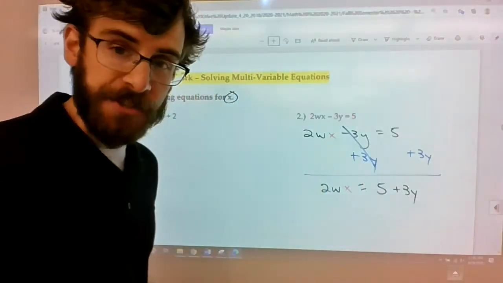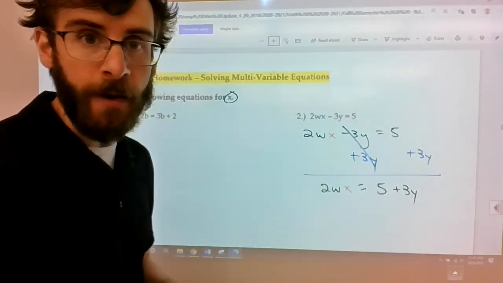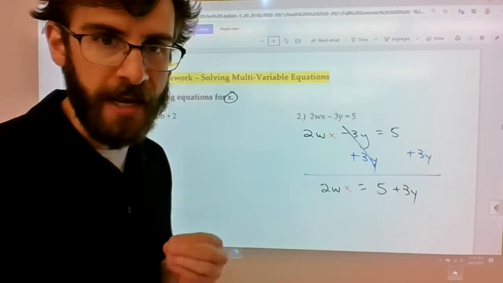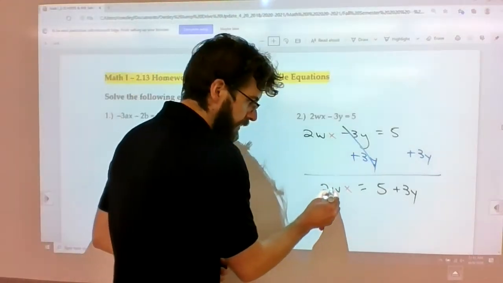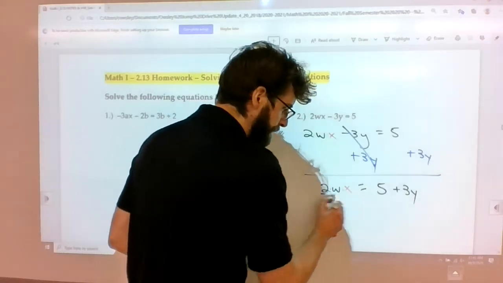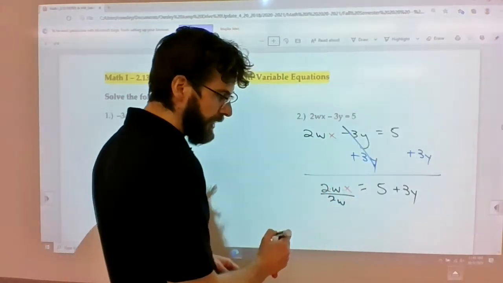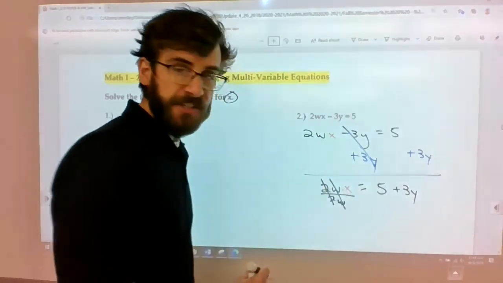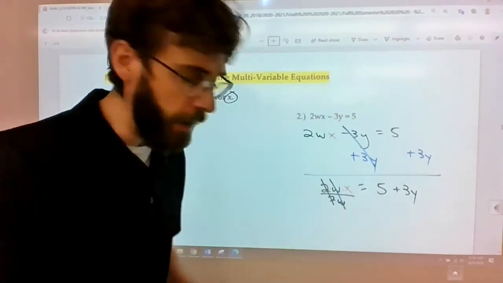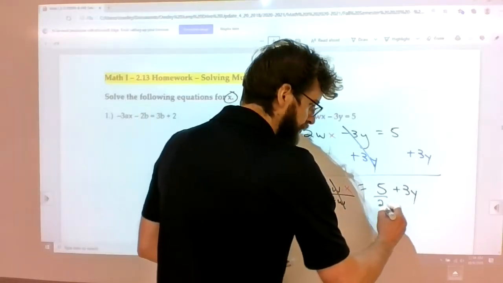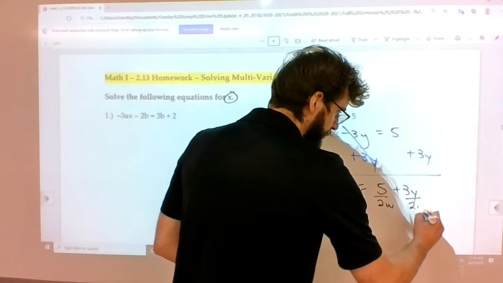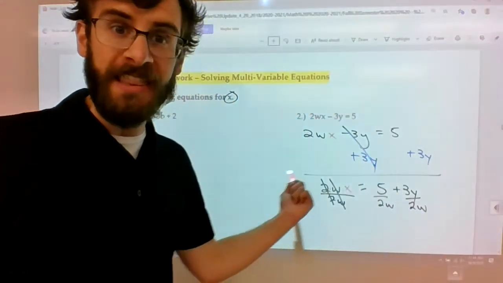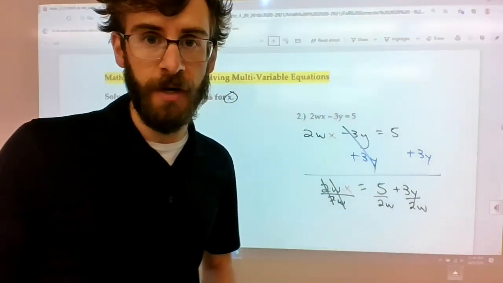All right, last move. Divide by whatever is multiplied by the red x. So 2 times w times x, dividing by 2w creates the red x by itself. That's what we wanted. So you're going to divide this by 2w and this by 2w. We're basically dividing both the left and the right-hand side by 2w.